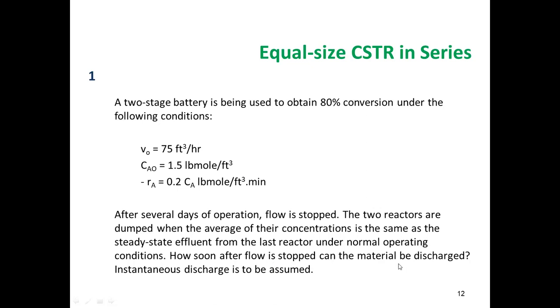So meaning, after the connection between the two reactors was cut, and the reaction was allowed to proceed in the two reactors, wherein the reactors are to process the thing inside their units individually, how long will the processing be in such a way that when you get the average of the concentration of the two MFRs processing the content separately, it will be equal to the concentration of the effluent of the last reactor when the operation is as expected, meaning you don't cut the connection between the two reactors.